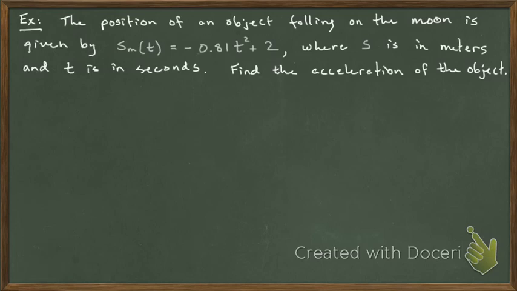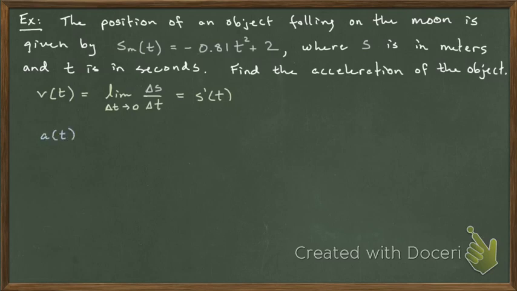We know from our previous discussion that if I want the velocity of an object, whether it's on Earth or Mars or the moon, I'm looking at the rate of change of position with respect to time. I'm looking at the derivative, the limit as delta t goes to 0 of delta s divided by delta t. We say s prime. So that's the first derivative.